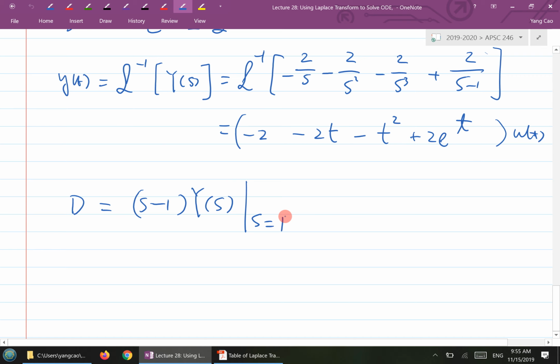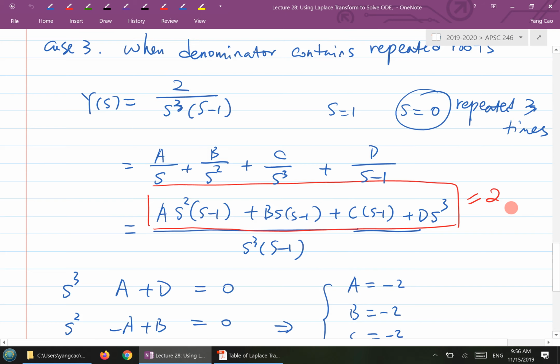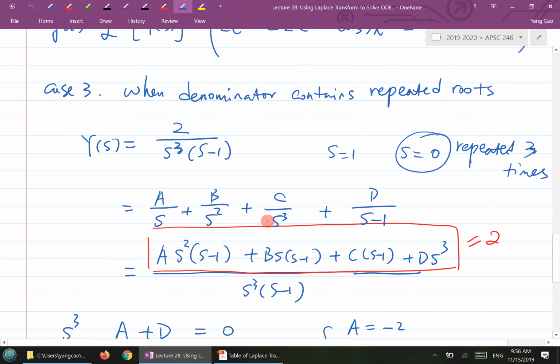Just at the top, when we're getting the partial fractions, is it possible to work with only 2 fractions? Does the denominator also have to be in power 1? You mean just these two? No, for example, the 2 over s cubed, s minus 1.